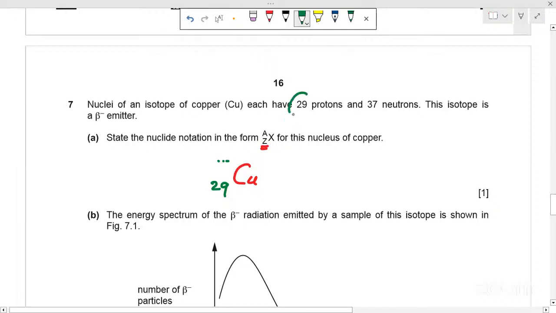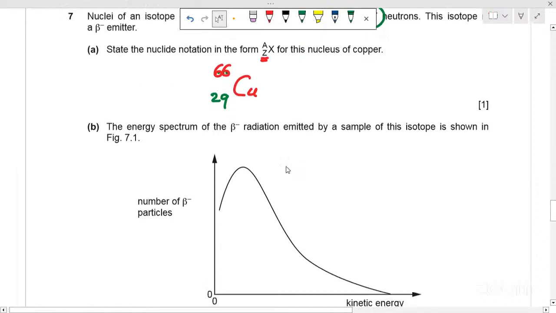There are 29 protons and 37 neutrons, and if we add them we get 66. So 66 nucleons are there in this isotope of copper. So you have to write this basic notation.